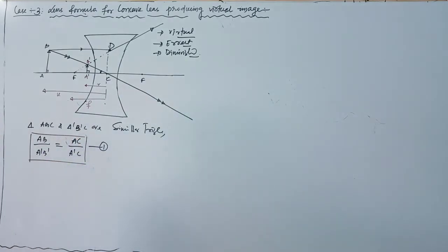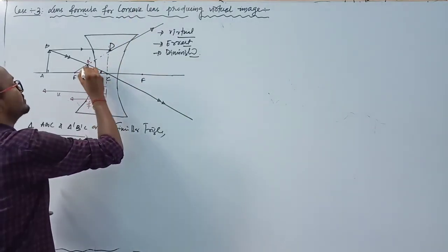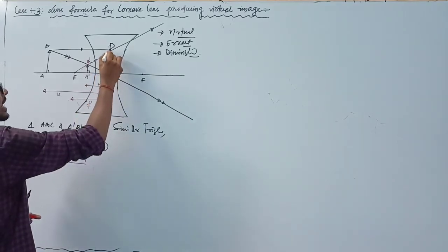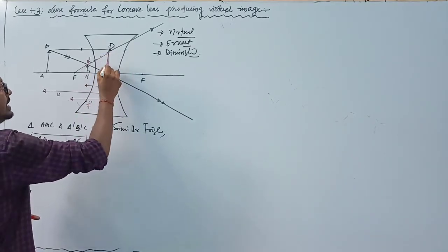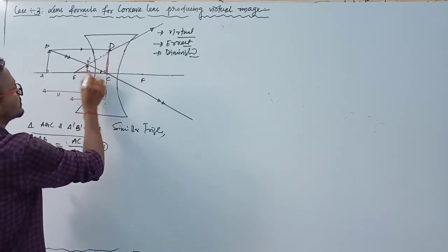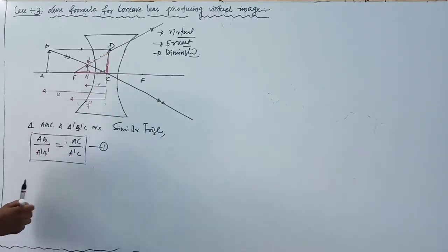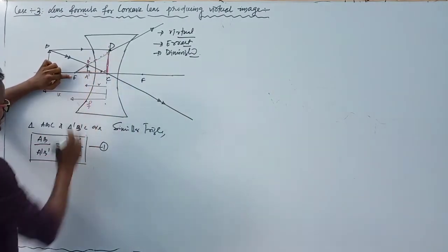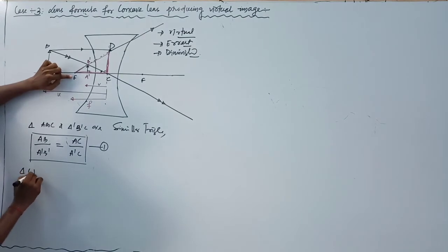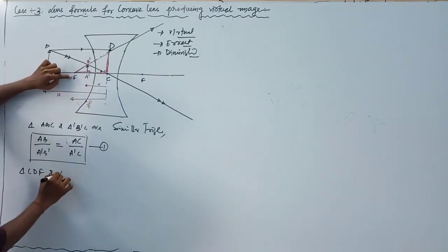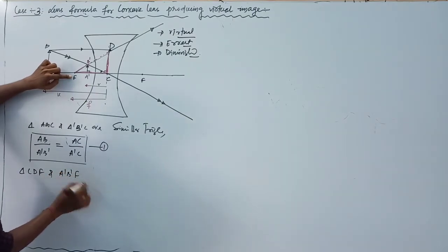Similarly we have to choose another similar triangle, like this triangle. Clear? This angle is also 90 degrees. Look at this triangle, triangle CDF, and triangle A'B'F.